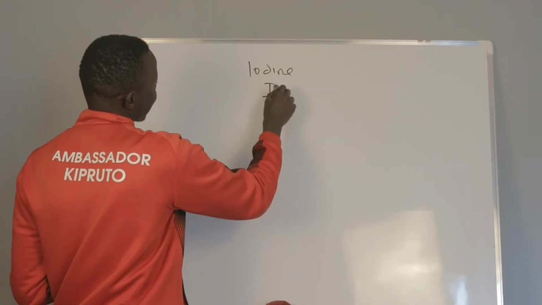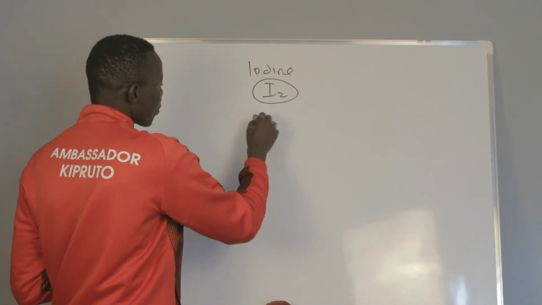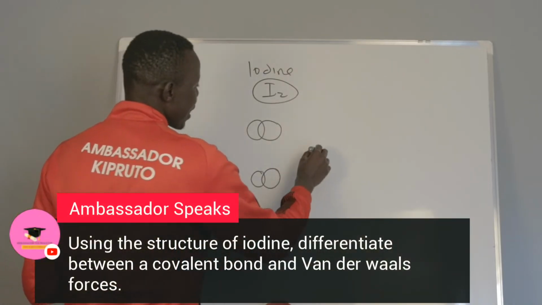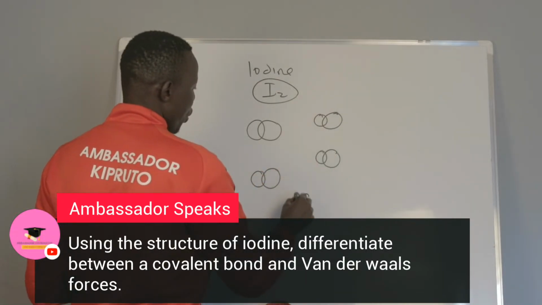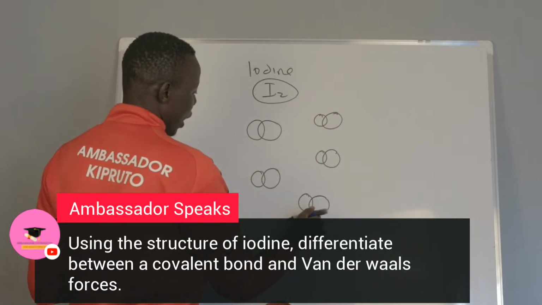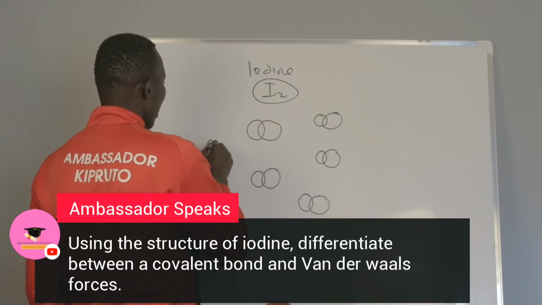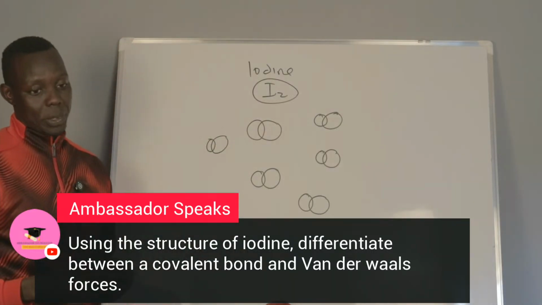Iodine exists as a molecule. Two atoms will form one molecule, like I'm drawing on the board. So this is one molecule, another molecule, and each molecule is made up of 2 atoms.